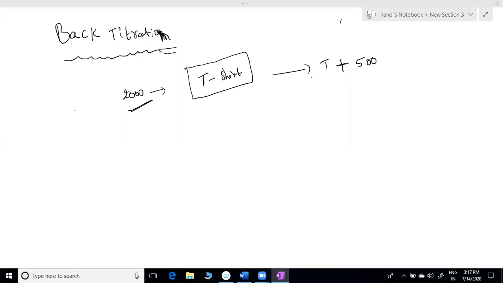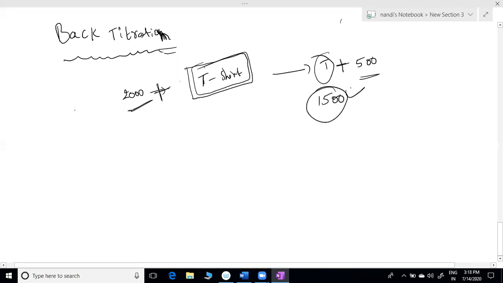We need to buy the t-shirt. We gave the billing person 2000 rupees. He gave the t-shirt plus 500 back. What is the cost of the t-shirt? Is it 1500? Someone said 2500. I'm not that good at math, I'm a very simple person. You can see, 1500, sir.